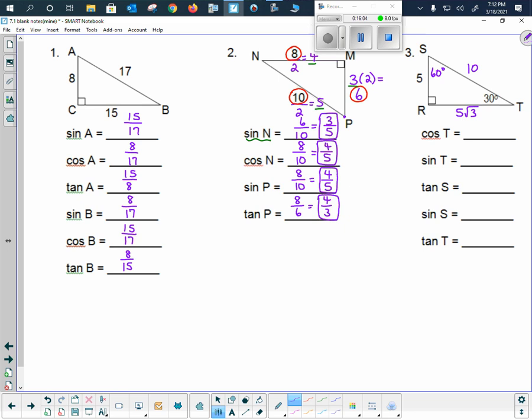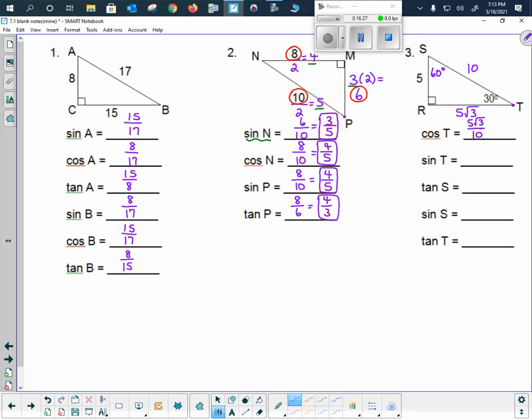All right, let's start. From t's perspective, cosine of t. Cosine is adjacent over hypotenuse. So I'm going to have 5√3 over 10. You've got to reduce. The 5 over the 10 reduces to a half.